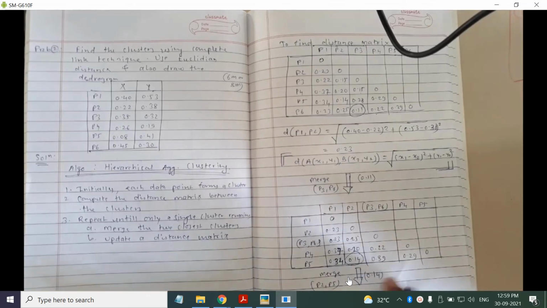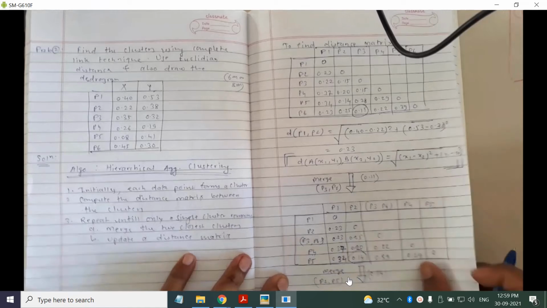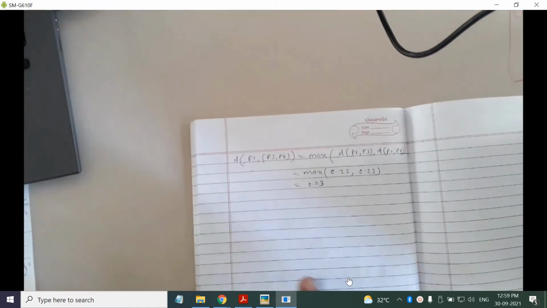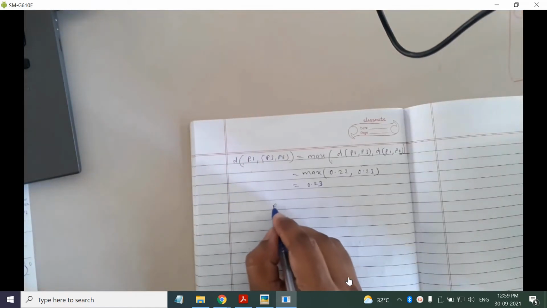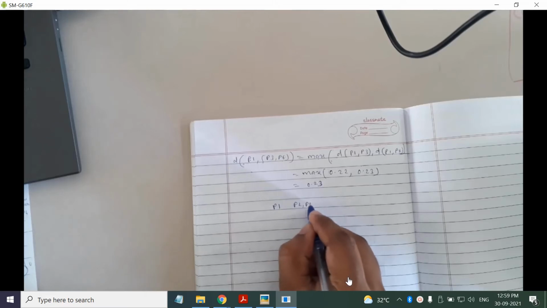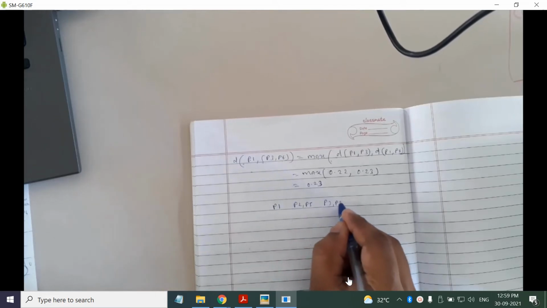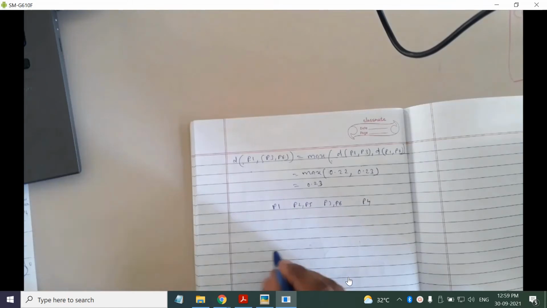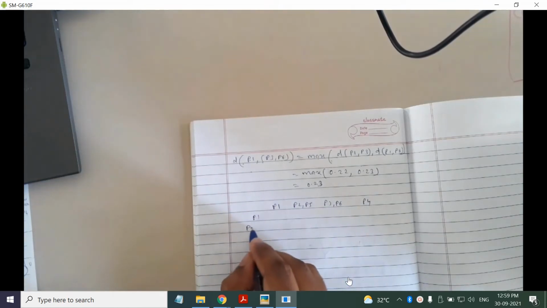Yes, correct. So we'll be merging P2 P5. Now we have P1, P2 P5, P3 P6, and P4.